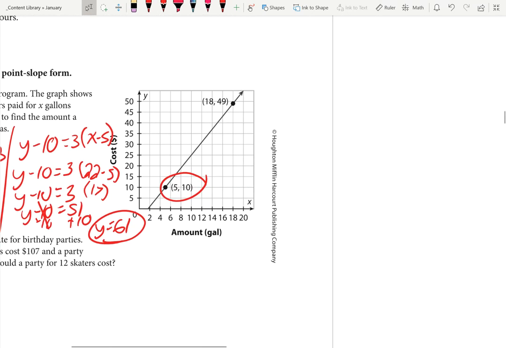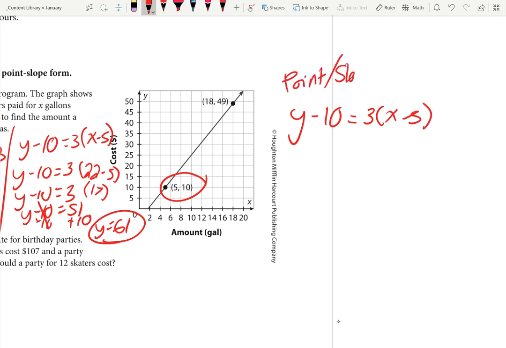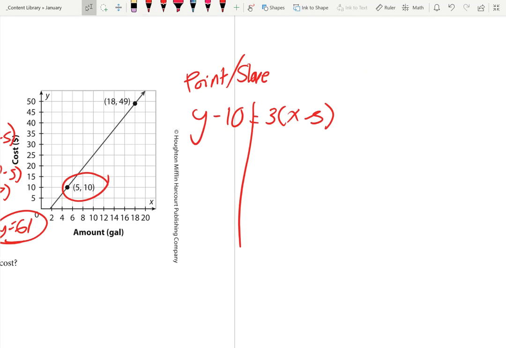But I also want to show you again, same thing that I showed you before. Here's your point slope equation. How easy it is to do this problem if you convert it into slope intercept form. Remember, to convert it to slope intercept form, you would distribute this first and then move the minus 10 over.